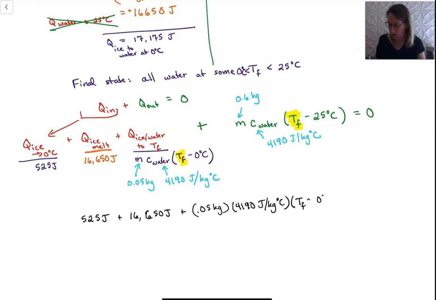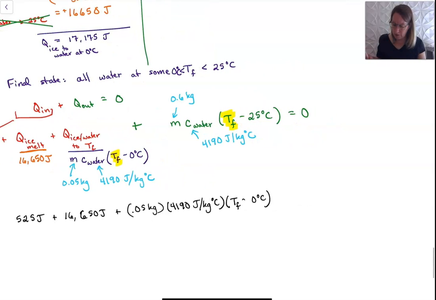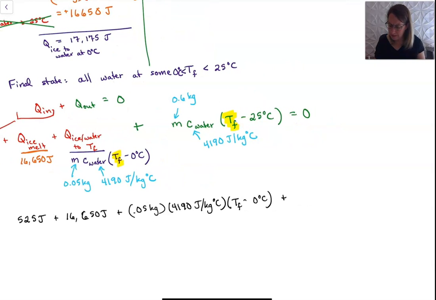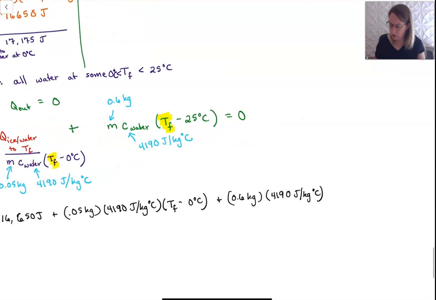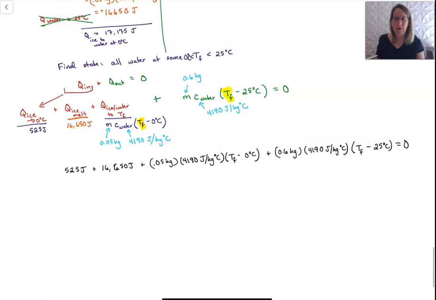I'll go ahead and write it out, but we know when we multiply it, it gets rid of it, plus 0.6 kilograms times 4,190 joules per kilogram degrees Celsius times our T final, that's what we're looking for, minus 25 degrees C is equal to 0.